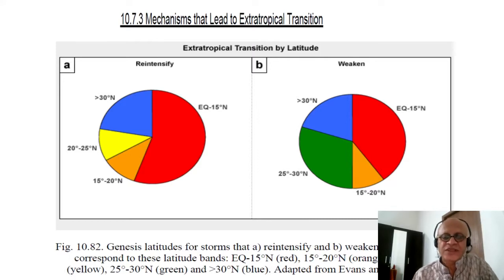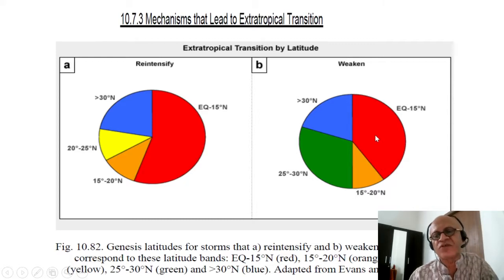We already know that the extratropical transition and survival does depend on the structure and the intensity of the cyclone that's starting off as a tropical cyclone. And the ones that weaken also are born either in the 25 to 30 north latitude band or equator to 15 north. So obviously there are many that are born here that re-intensify, and there are quite a few that are born here that end up weakening.